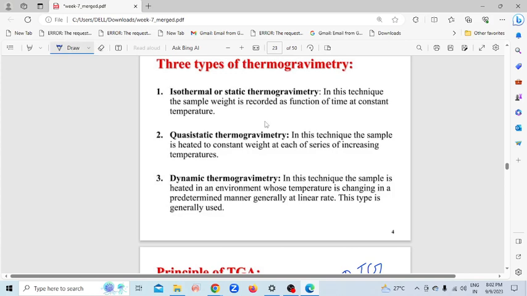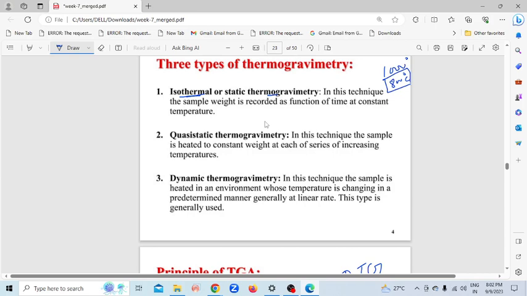Okay, isothermal or static thermogravimetry. Isothermal means we fix the temperature. Suppose we set the furnace temperature not to 1000 but to 800 degrees, and keep it fixed. Then we measure weight loss.